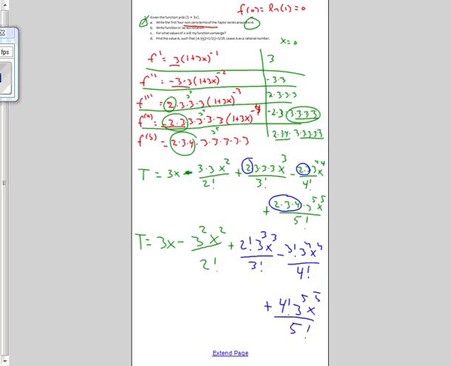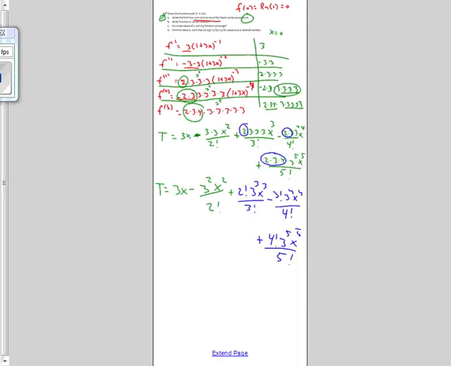And so therefore, now we see it. We know what the general term is going to be. The general term T will equal the sum from n equals 1 to infinity of negative 1 to the n plus 1 times 3 to the n x to the n over n. And you may be thinking, where's this n? Because we have these factorials.